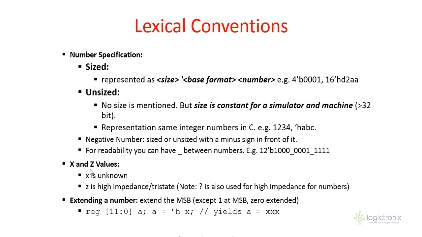And actually Verilog also has the values X and Z. X is for an unknown value, and Z is for a high impedance value. If we want to extend any numbers, we can have this type of statement.